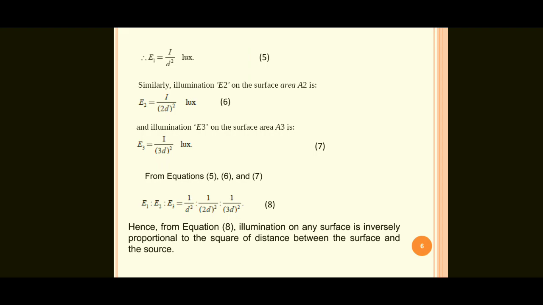Similarly, illumination E2 on the surface area A2 is I by 2D whole square. For area A2 the distance is 2D, so the equation I by d square becomes I by 2D whole square lux.